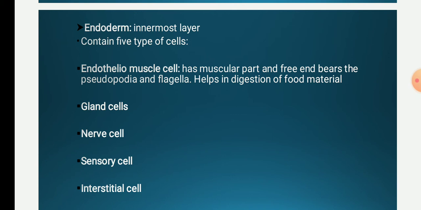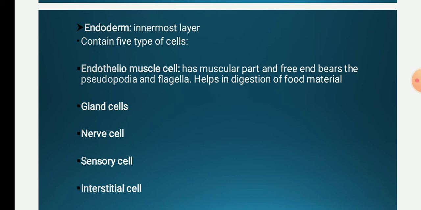The first one, endothelial-muscle cell, forms the main bulk of the endoderm, whereas epithelial-muscle cell is the major portion of the ectodermal cell. Similarly, endothelial muscle cells are the main bulk of the endoderm. These are pillar shaped, similar to the epithelial muscle cell.